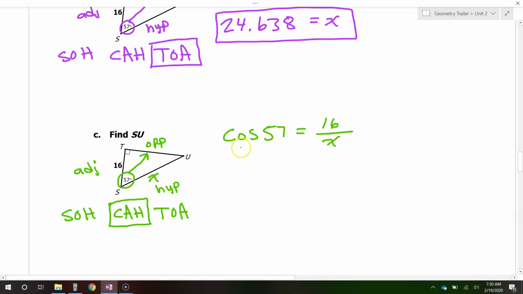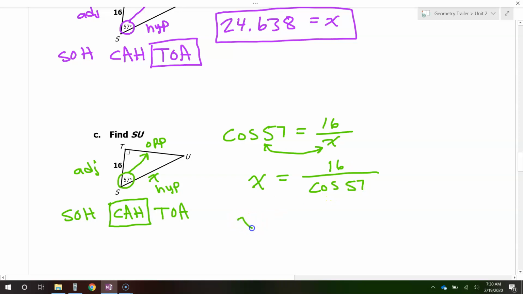To solve this, will we multiply, swap, or inverse? When the variable is in the denominator, this is when we swap these. So the x will end up over here by itself, and then we will have 16 over cosine 57.